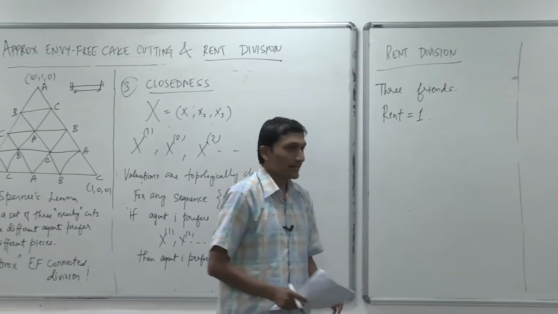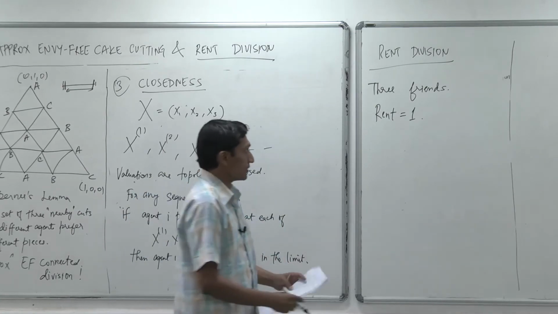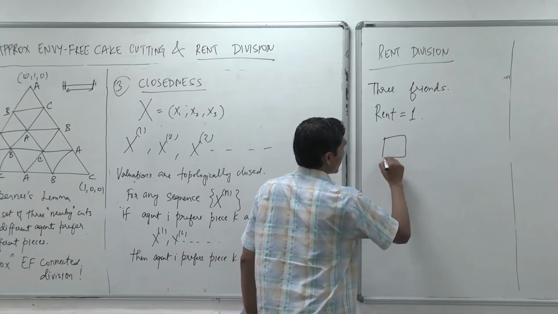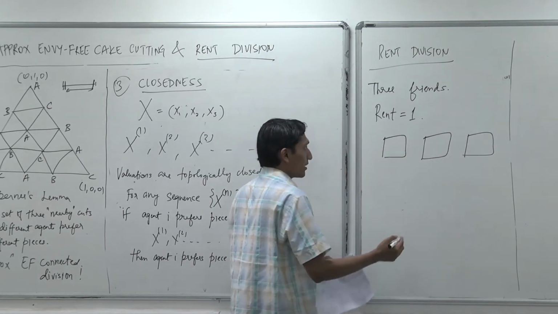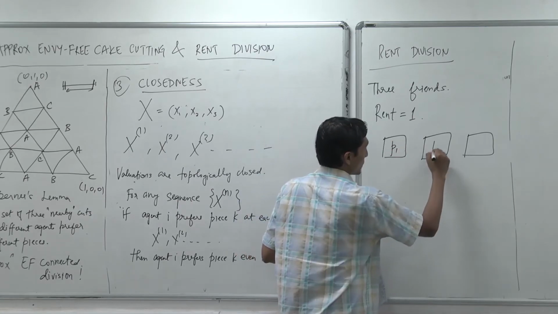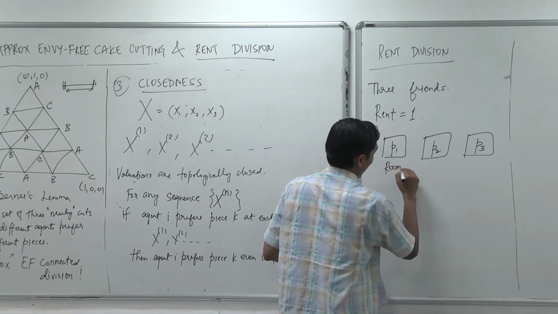Once again, let's try to understand the geometric space without worrying about fairness. Let's say these are the 3 rooms, and say the rent for the first room is P1, and then P2 and P3.